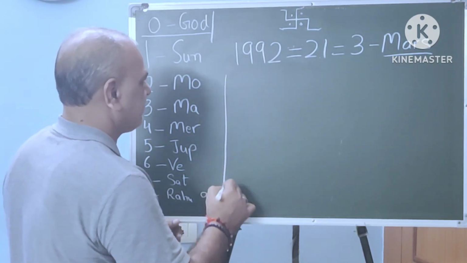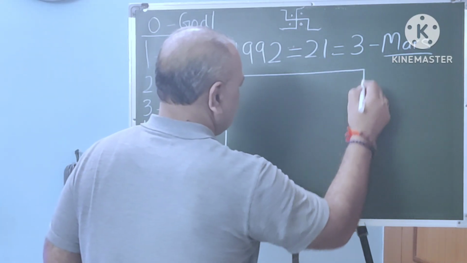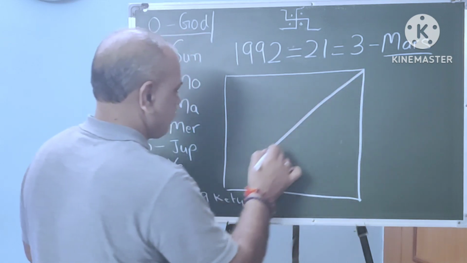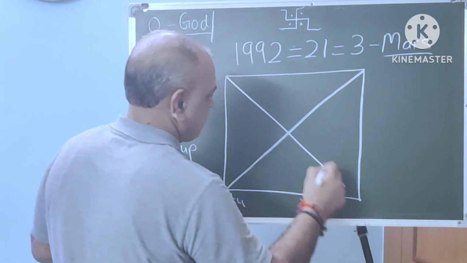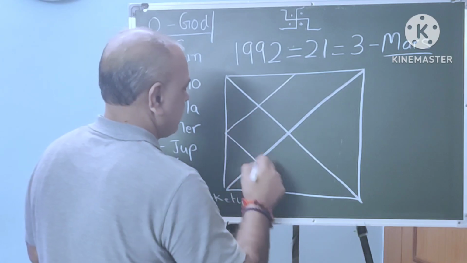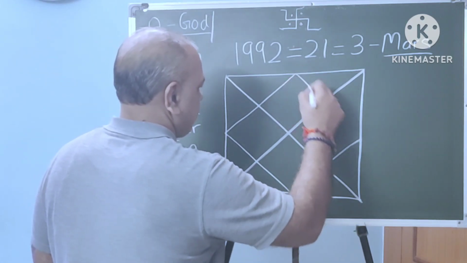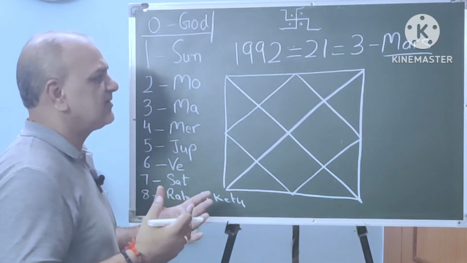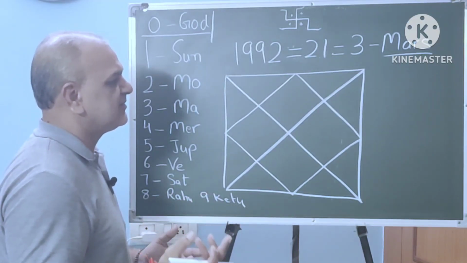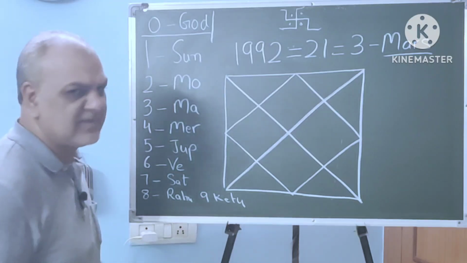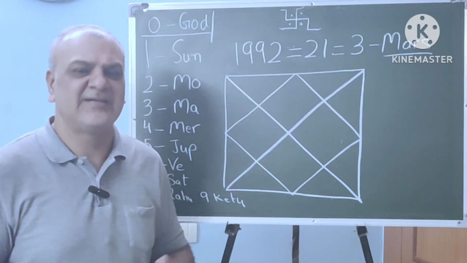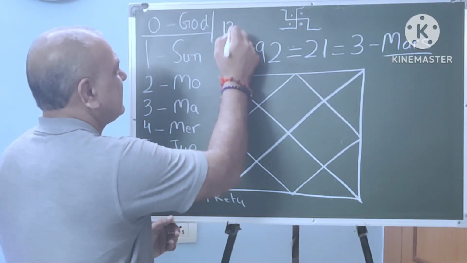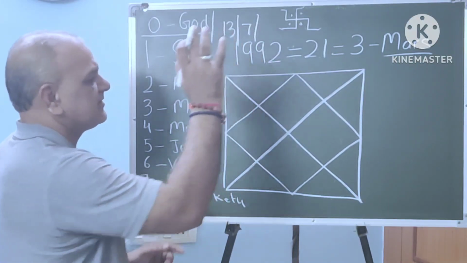So for example, let's say I constructed a chart, and this person is born on 13th of July 1992.